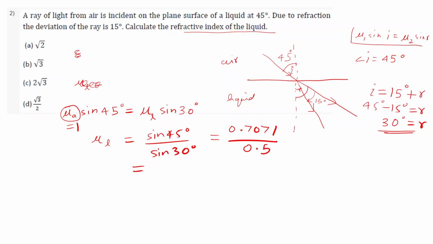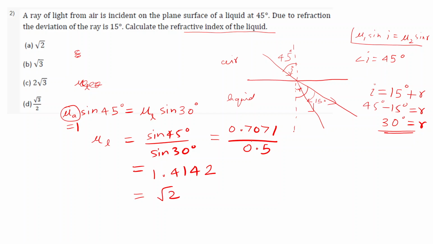Now the ratio of these two values, 0.7071 divided by 0.5, will give 1.4142, which is actually the value of root 2. Root 2 is equal to 1.414.